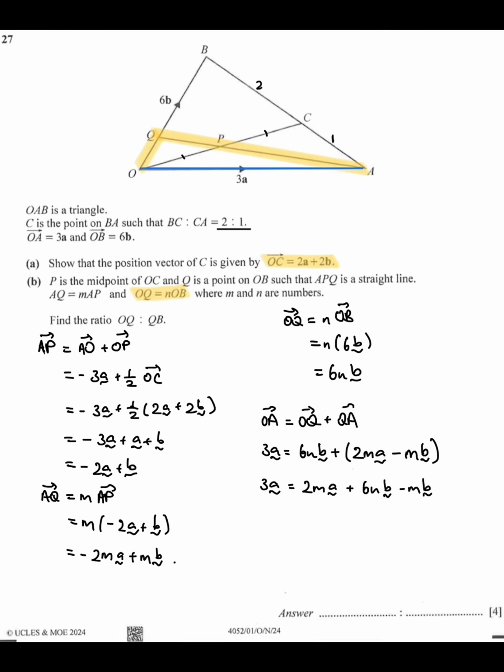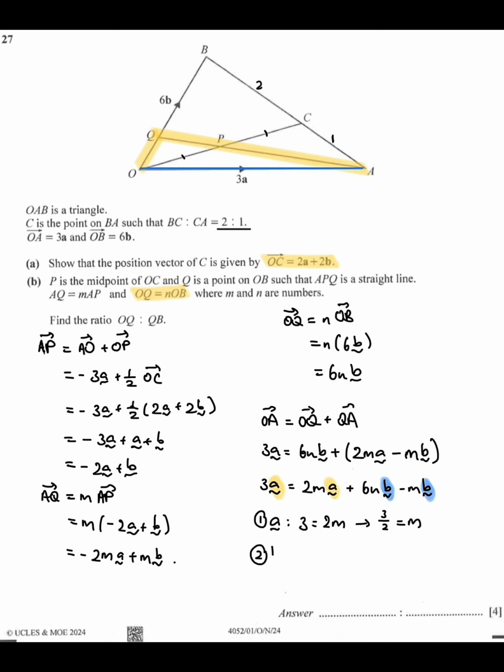Finally, we are going to compare the vectors A and the vectors B. Notice that vector A will never be the same as vector B, so we can compare them separately. Vector A has 3 on the left side and 2m on the right hand side. From here, we can find that m is equal to 3 over 2.